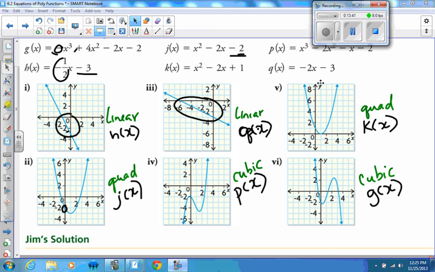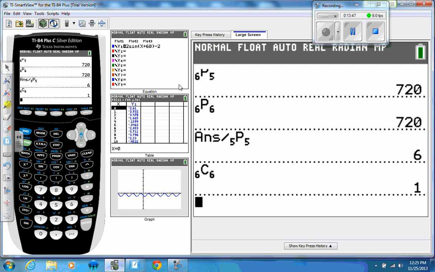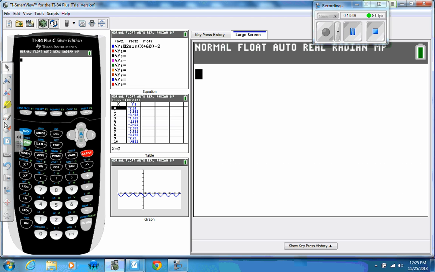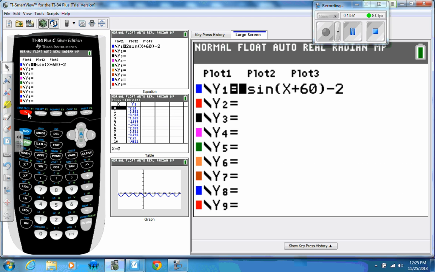If you want to compare them, for the two linear equations, we can always use our graphing calculator. If I open my graphing calculator and go into my y equals, I can easily type in both equations. The first equation that I'm going to type in is negative 1/2 x.